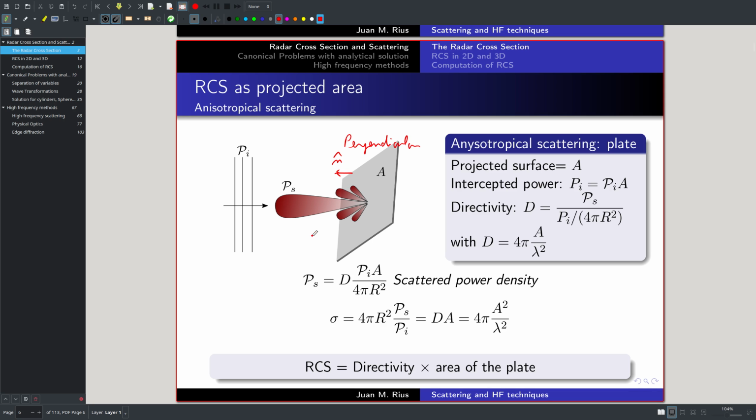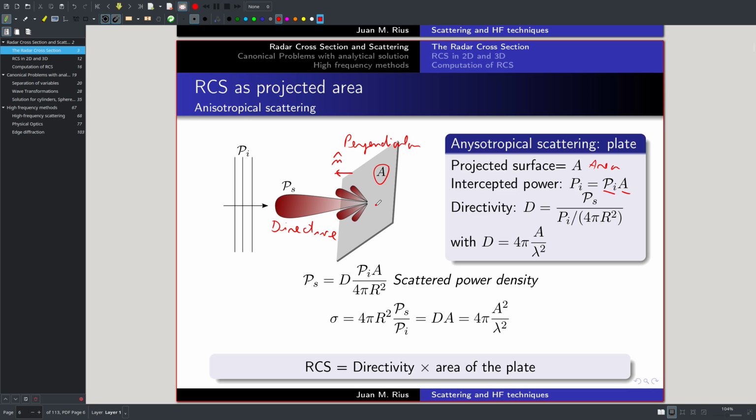So the projected surface is equal to the area of the plate A. Okay, and the intercepted power is the incident power density times the intercepting area, which is A. And now the scattering of the flat plate is not isotropical like the scattering of the sphere. The scattering of the flat plate is directive. It has a radiation pattern like this, and in fact it is the same radiation pattern as that of an aperture antenna with uniform illumination, with uniform field in the aperture of the antenna.